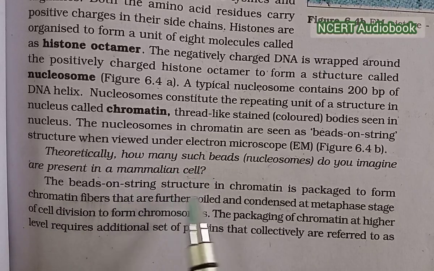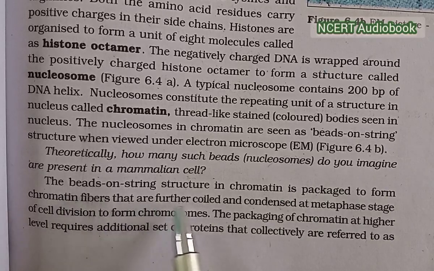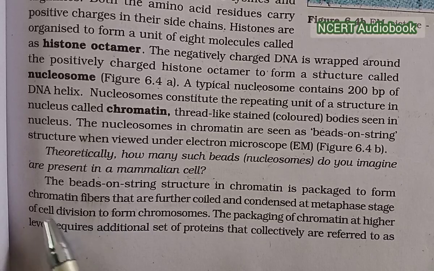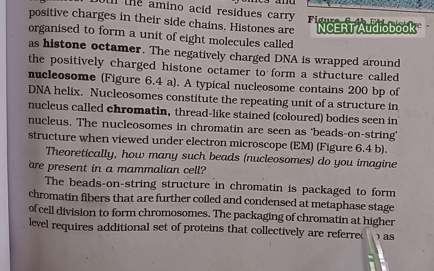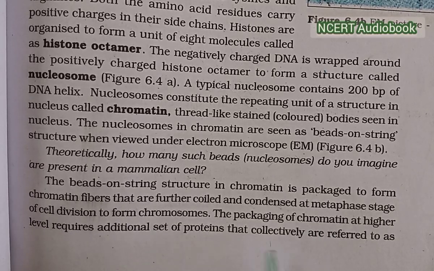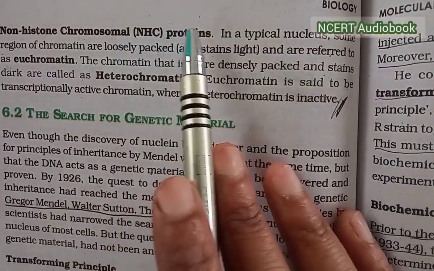The beads on string structure in the chromatin is packed to form the chromatin fibers that are further coiled and condensed at metaphase stage of the cell division to form the chromosome. The packaging of the chromatin at higher level requires an additional set of proteins that collectively are referred to as non-histone chromosomal proteins.